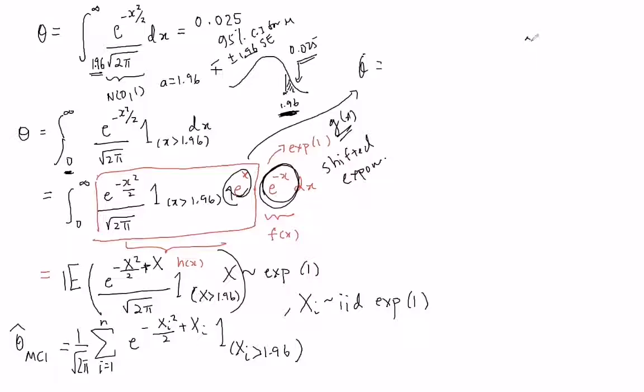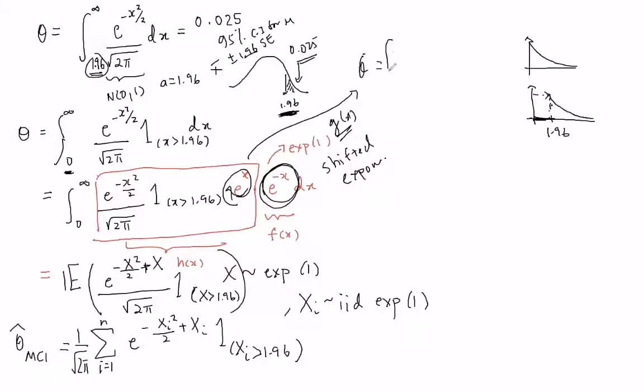Instead of an exponential that is like this, you do an exponential that is like this. Before 1.96, it's just flat. It's just shifted by an amount 1.96.